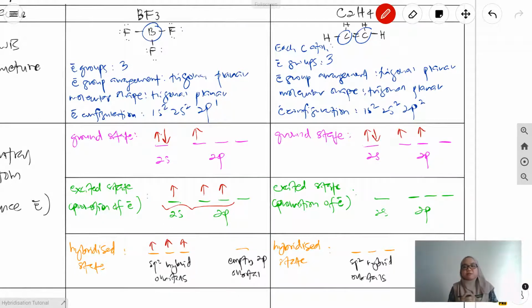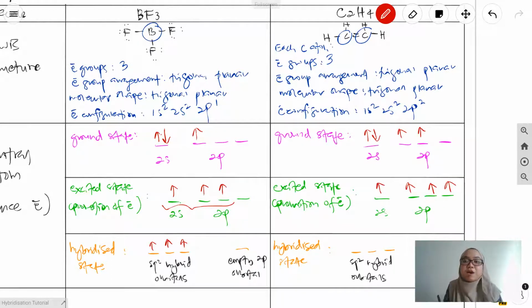This is at the ground state. Now we look at the Lewis structure. How many covalent bonds are there on each carbon? 1, 2, 3, 4, which means we have 3 sigma bonds and 1 pi bond. So we need 4 unpaired electrons, but now we just have 2. So how? We need to promote 1 electron from the 2s orbital into the empty 2p orbital of carbon. At the excited state, it will have 4 unpaired electrons here.